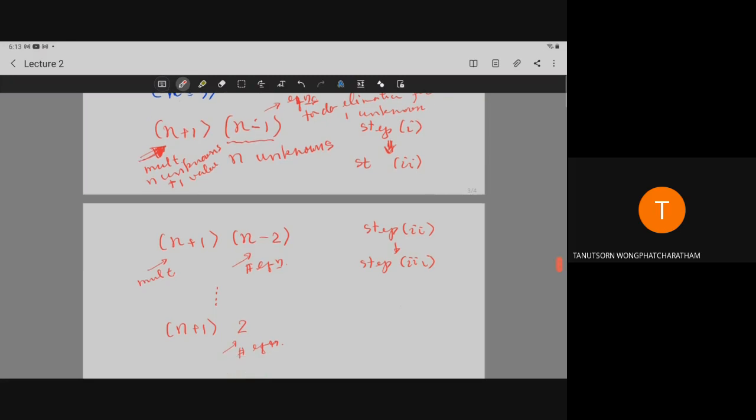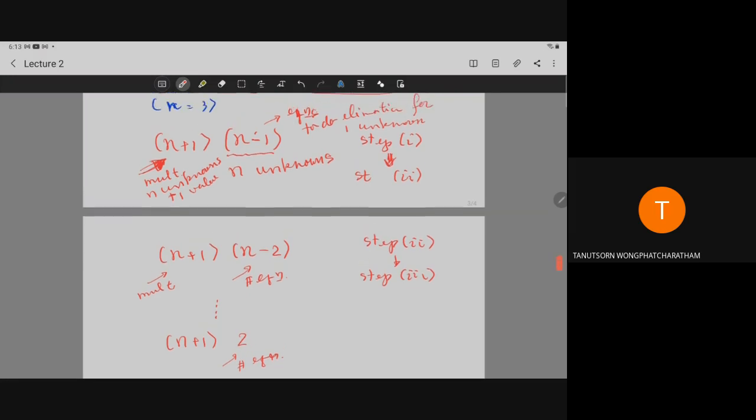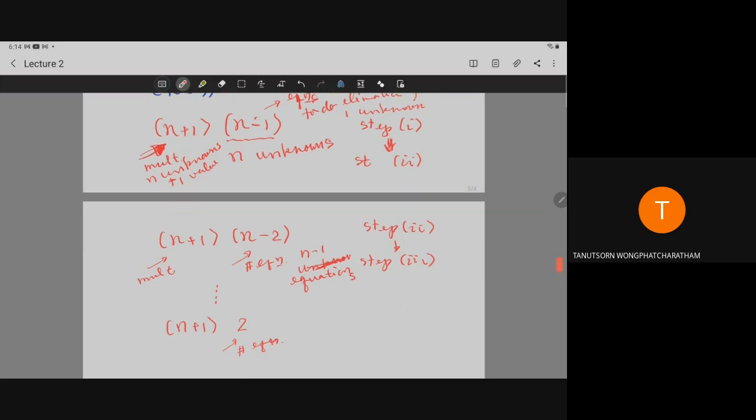Then from the second step to the third step, here we have only n-1 unknowns, n-1 equations left. So we only work with n-2 equations.